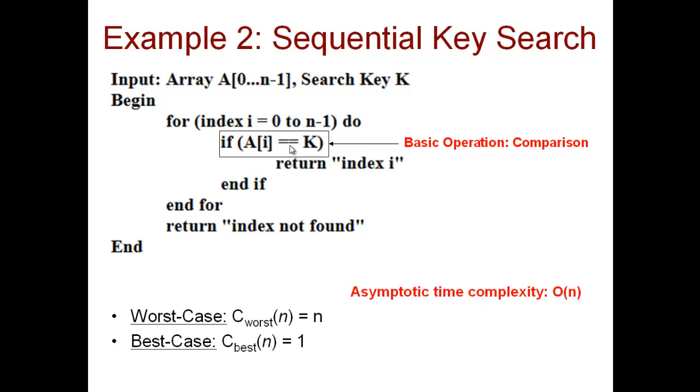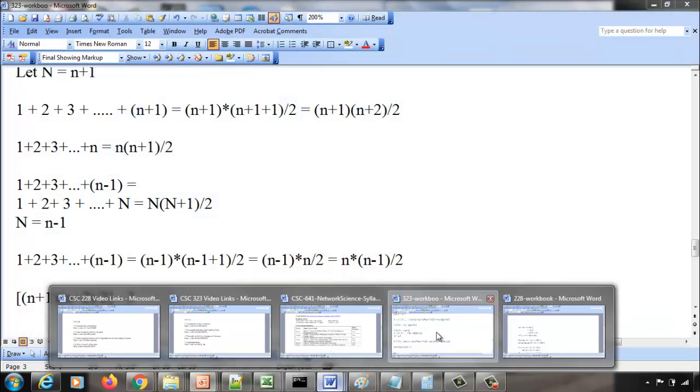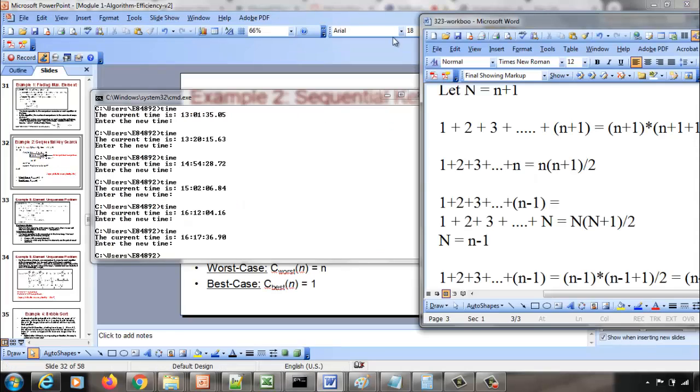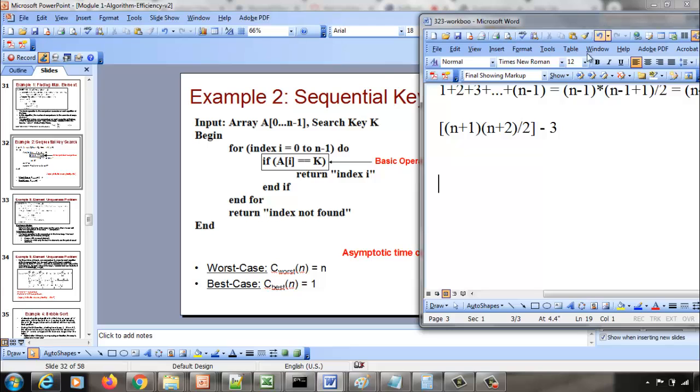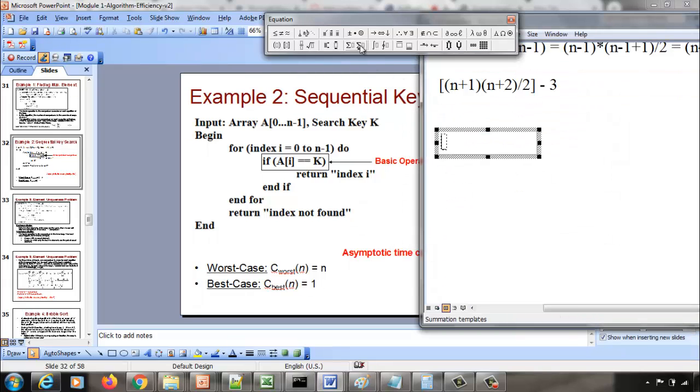So we know the best case is one comparison, there's nothing for us to find out. For the worst case, we can use this summation approach to find out. So I did not show it up here, but I'll type it out after the class, but let me do it here so we still have time. Yes. So for sequential search, the summation is sigma I equals 0 to n minus 1.